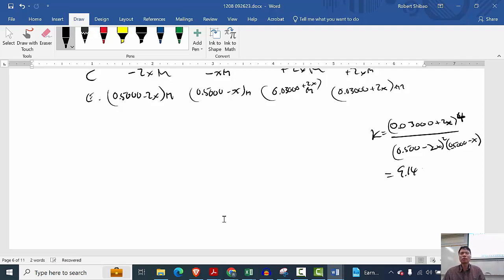This has got to equal 9.14 times 10 to the minus 6. So solve for x.